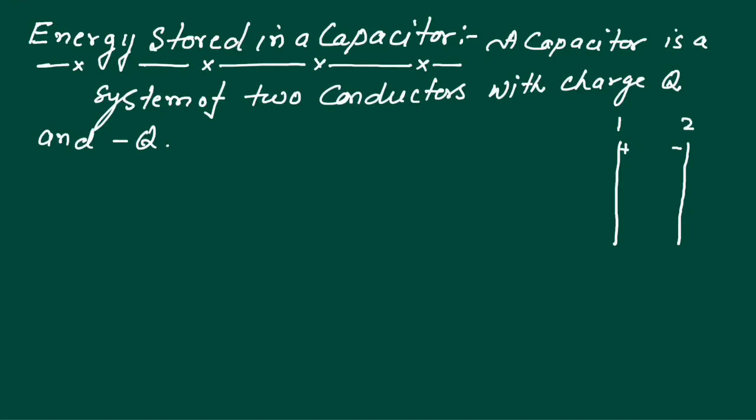Now again we transfer the charge, and this will have the positive charge and that will have the negative charge, and so on. What we are doing is transferring the charge from conductor or plate 2 to plate 1.